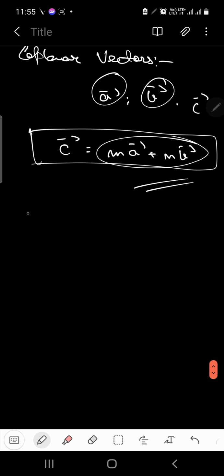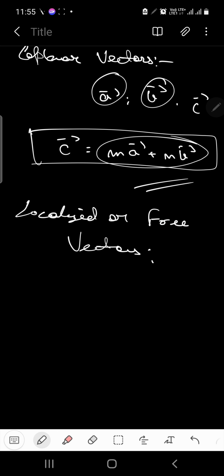The last type of vector is localized or free vectors. A vector drawn parallel to a given vector through a specified point in space is called a localized vector. Clear?